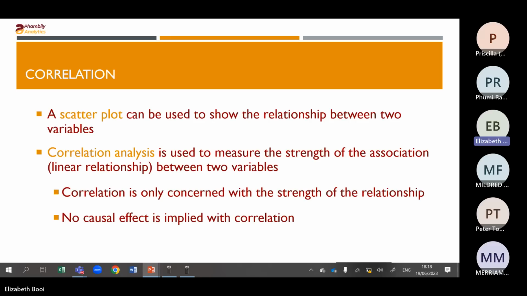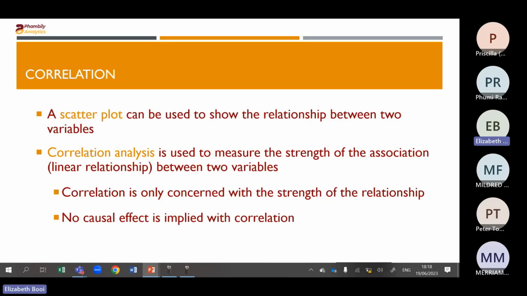Okay. So when we talk about correlation and regression, they are almost linked to one another. You cannot do one without the other. They both talk about the relationship between two numerical values. Correlation talks to the relationship, as well as the strength of that relationship, and you can visualize it in a scatter plot.